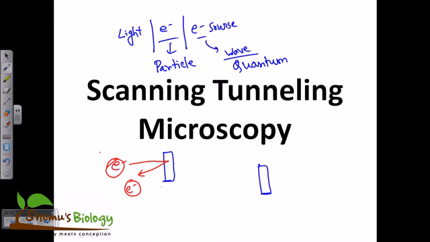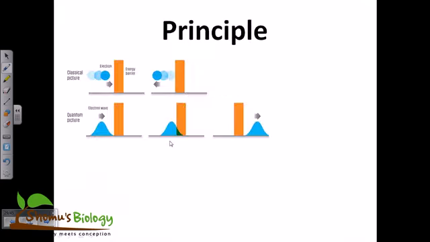So this is a reflection if the electron behaves like a particle. But if it behaves like a wave, this electron has the capability to pass through that wall. That is the idea. So that is called the quantum tunneling. So that's what we talk about in this video.